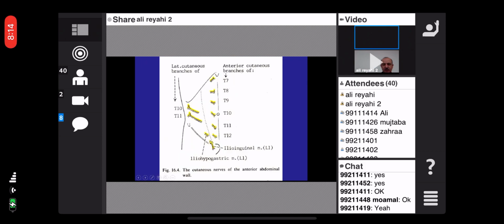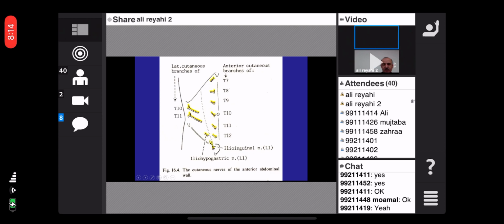Okay, and also you can see the schematic shape in this picture. The ends of the T7 to T12 nerves and the branches from the L1. For example, this is the iliohypogastric, and this nerve that exits from the superficial inguinal ring is called the ilioinguinal nerve.